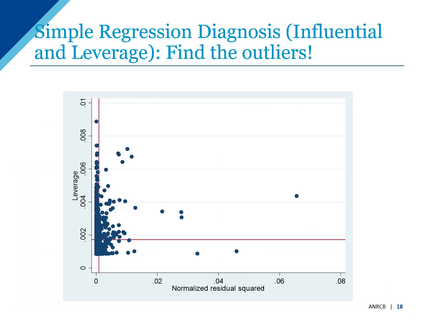This slide has some complicated concepts and terminology, but the idea is simple. You can find observations in your data that might influence the model to be wrong. Technically, this plot is the plot of leverage versus normalized residuals squared. The horizontal red line is the average leverage, and the vertical red line is the average normalized residual squared.